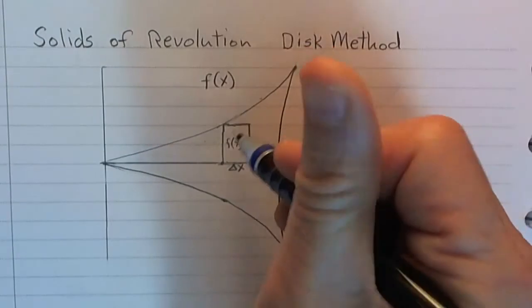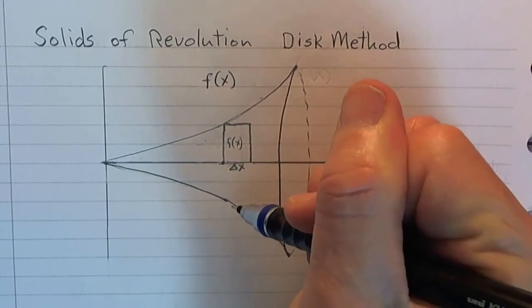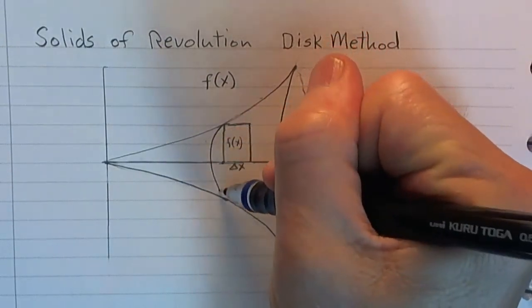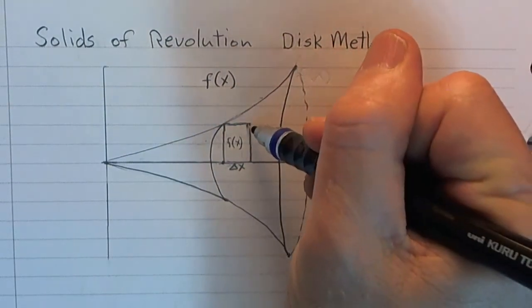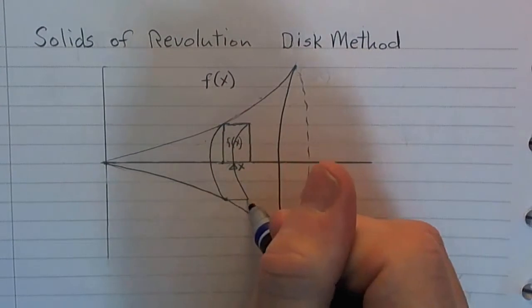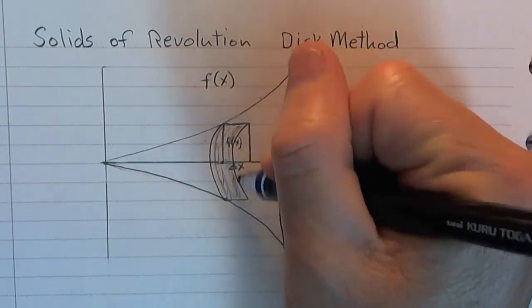Now, let's suppose that I take this rectangle and I spin it around the x-axis. Okay, so I spin it around the x-axis. Okay, like this. Let me shade it in here, maybe that will make it look a little better.